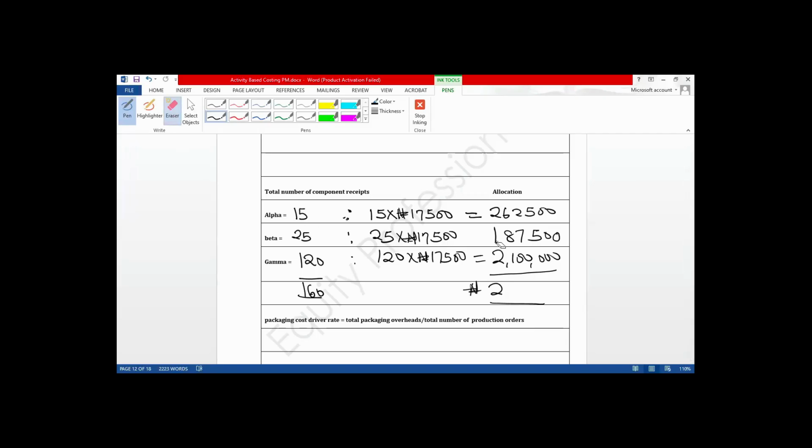That means there's an error. 25 times 17,500 is 437,500. If you sum up, you are going to have 2.8 million.